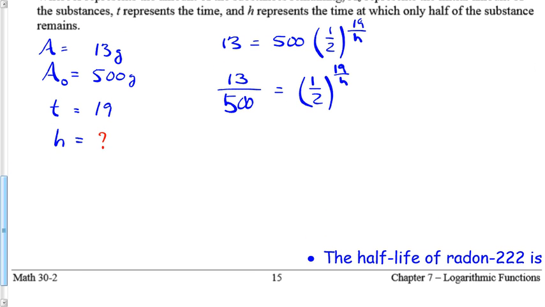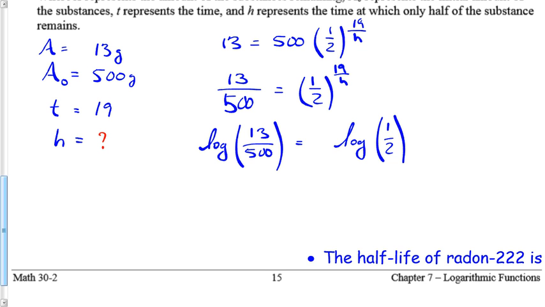Did anybody rewrite this in logarithmic form? Did everybody just take the logarithm of both sides? Is that what we did? James, did you write it in logarithmic form? Okay, so either way we can do it. Why don't I take the log of both sides? So the logarithm of the left and the logarithm of the right.